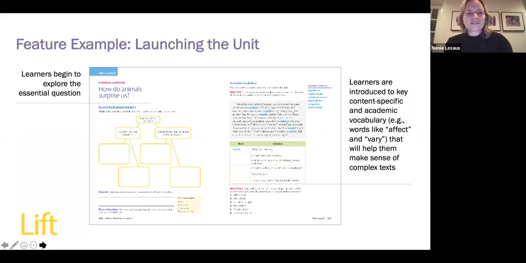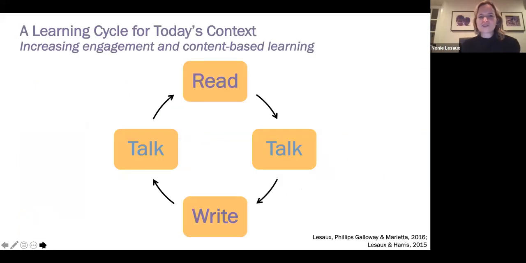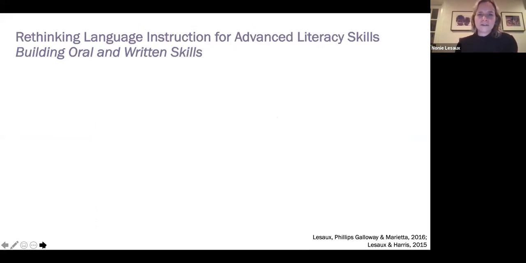So launching this unit, for example, we start by exploring that essential question. We move into this kind of cycle, and for every reading, we have this kind of cycle happening, right? Which reminds us that we don't work on the skills in isolation. We work on the skills in the context of the content.